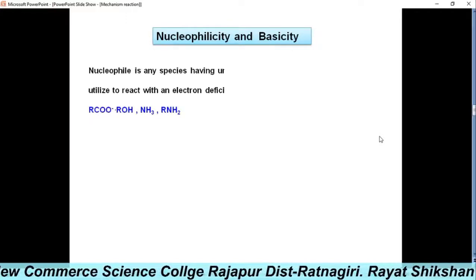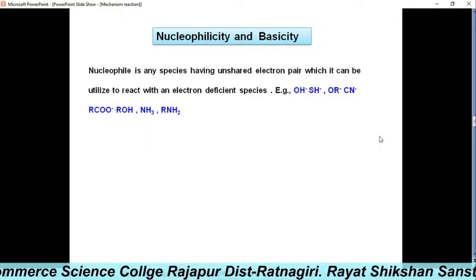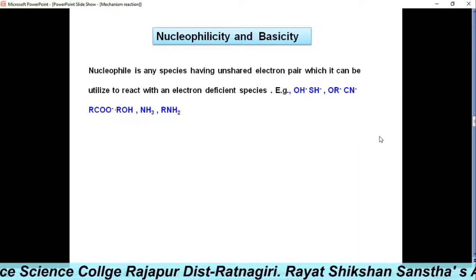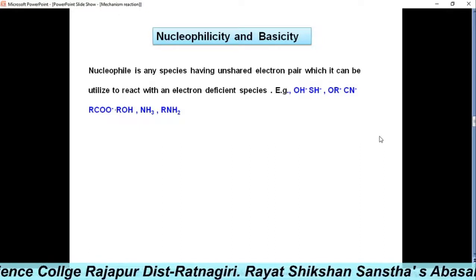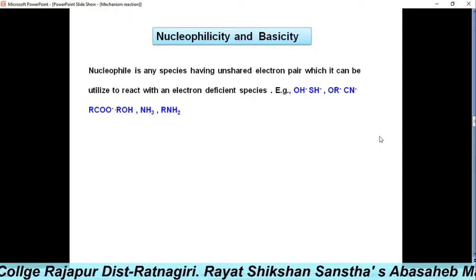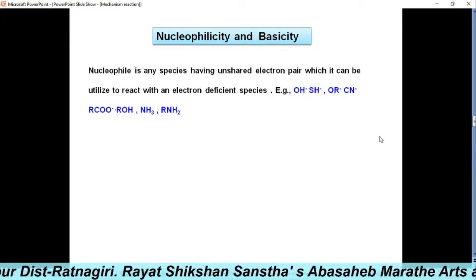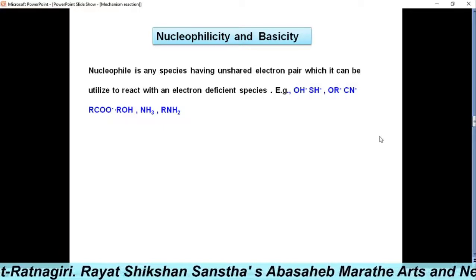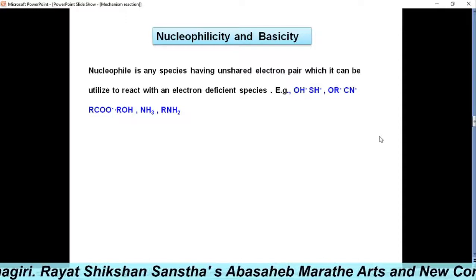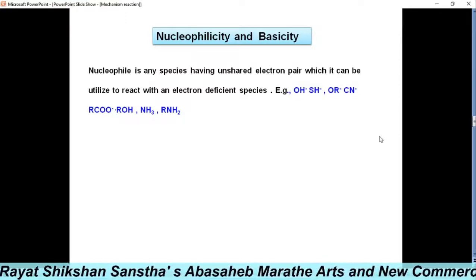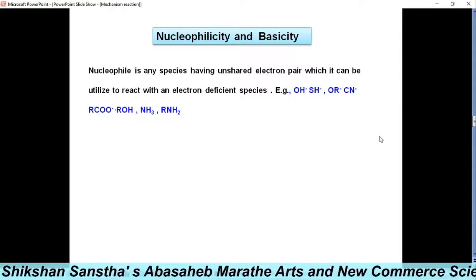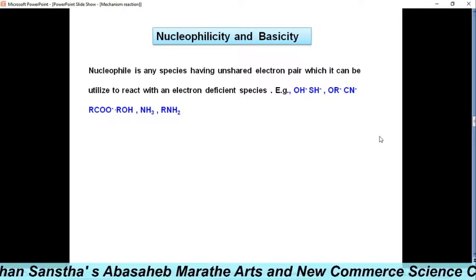Now, the next point: nucleophilicity and basicity. A nucleophile is a species having an unshared electron pair which it can utilize to react with an electron-deficient species. Another definition: nucleophiles are electron-rich species.